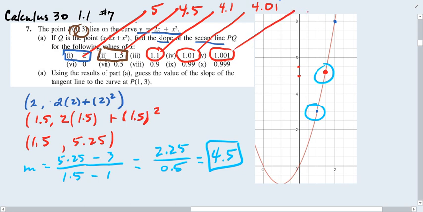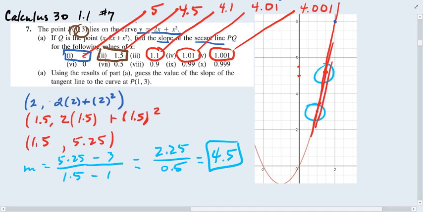And this one, the slope between the 2 points, is going to be 4.001. Now if we look at the pattern, we're talking about 2 points that are extremely close together, like 1.001 and 1. They're super close. And what's happening is these secant lines are actually approaching a certain value.